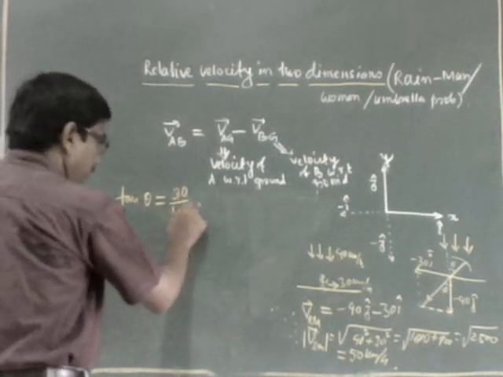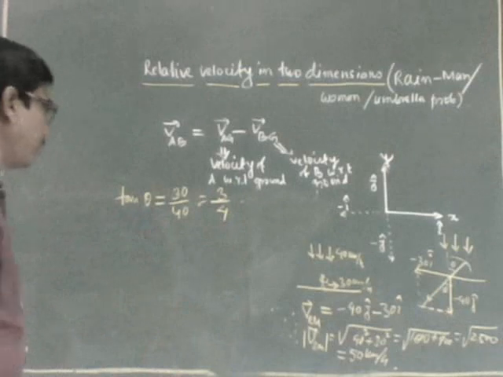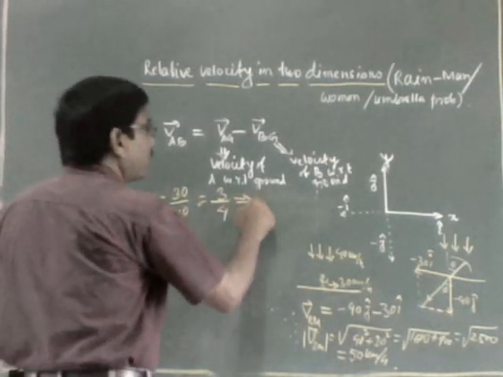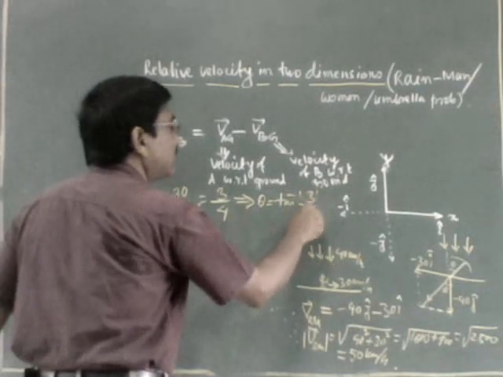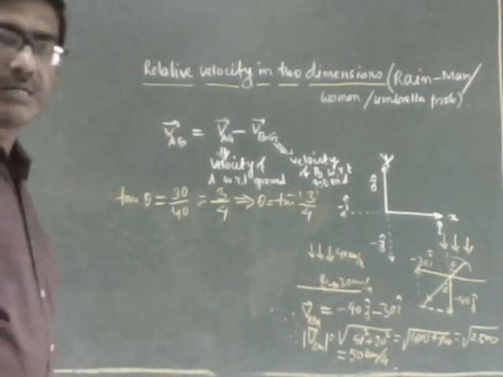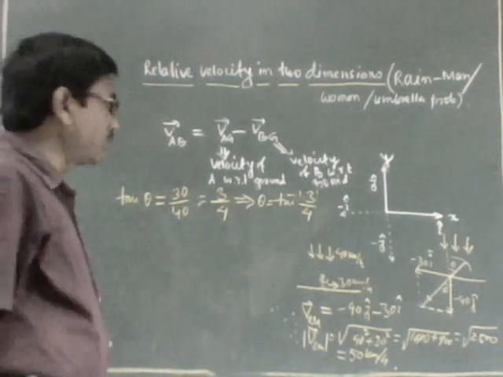So 30 by 40 means 3 by 4. If tan theta is 3 by 4, what will be theta? From this you can write theta is equal to tan inverse 3 by 4. Or you can write a certain value also.